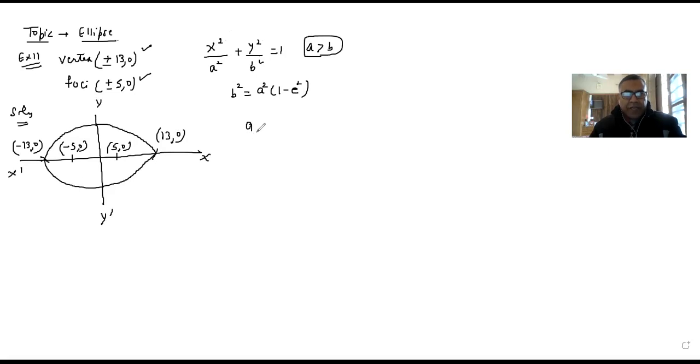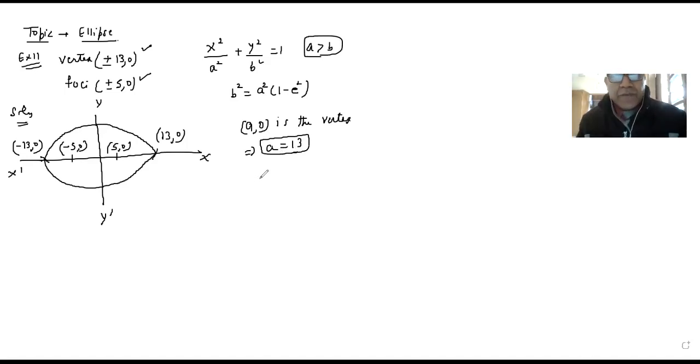We know that a, 0 is the vertex, which implies the value of a is equal to 13. So one thing is clear to me, my value of a has come out to be 13.